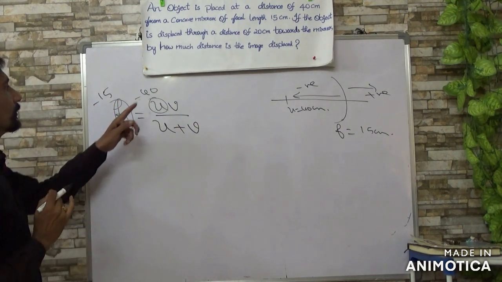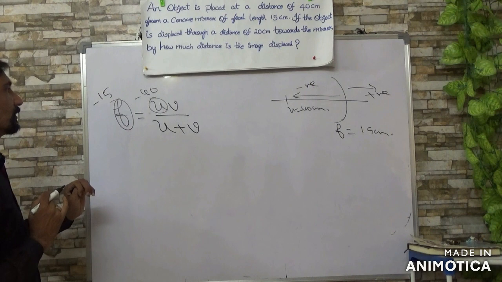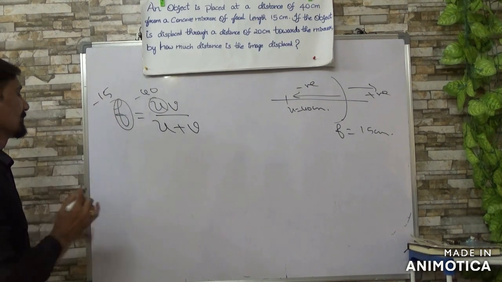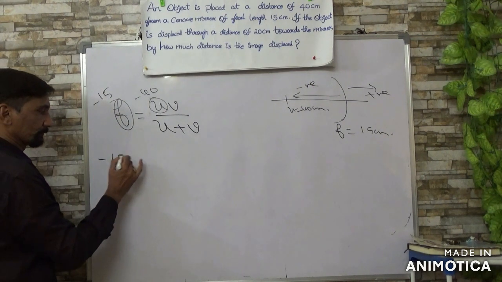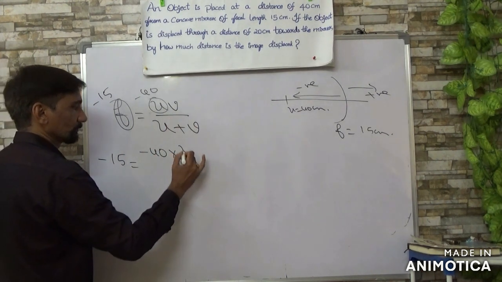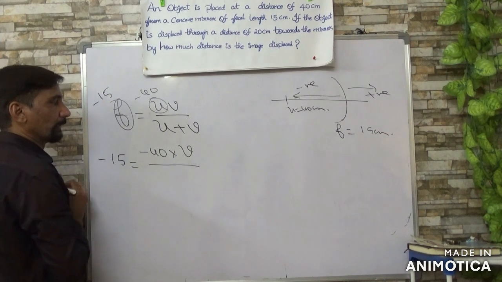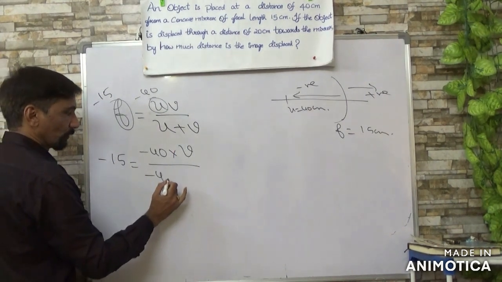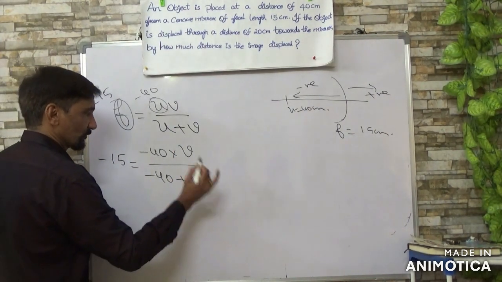Put u as minus 40, f as minus 15, so minus 15 equals minus 40v by minus 40 plus v.